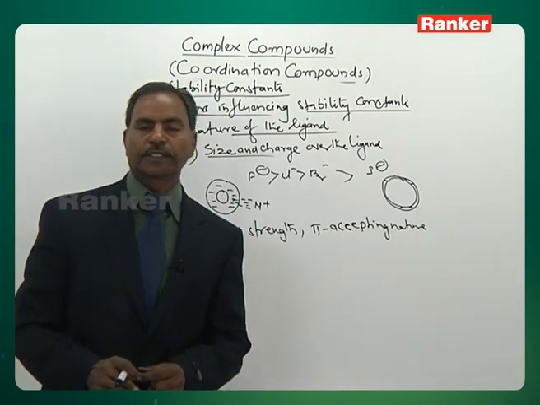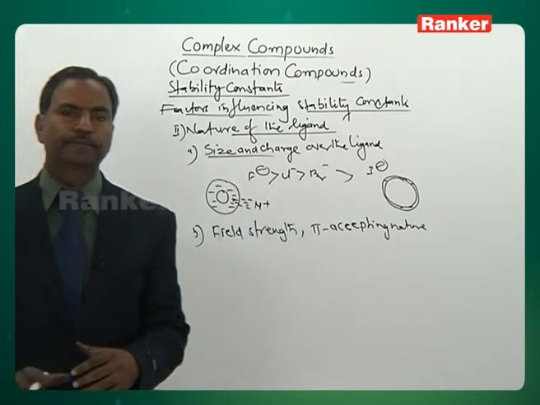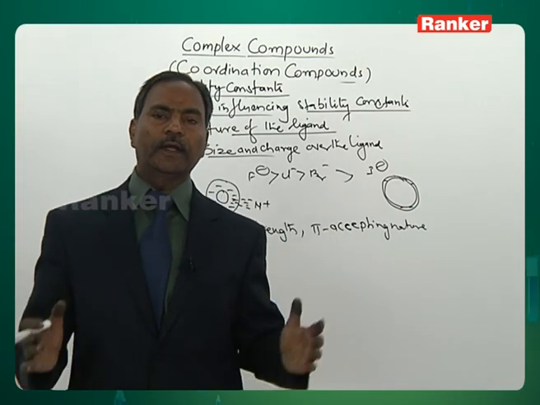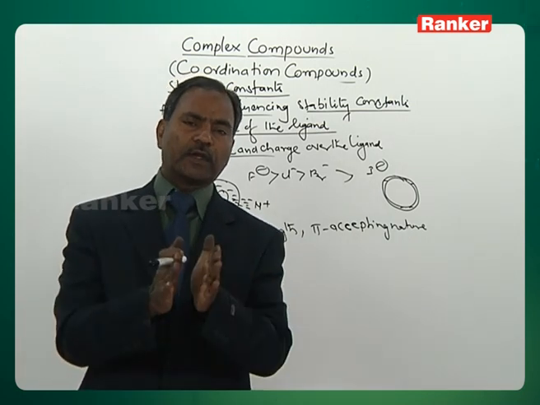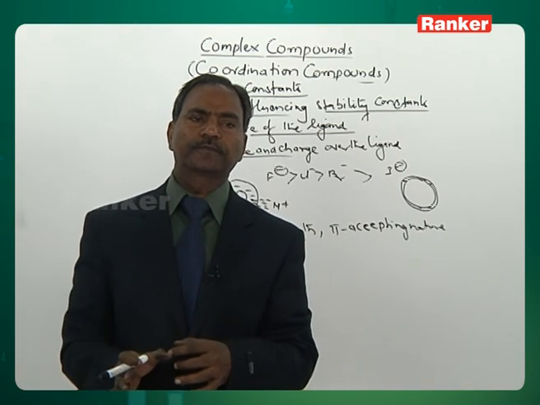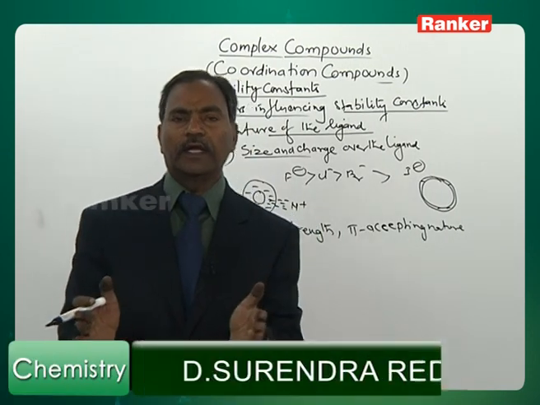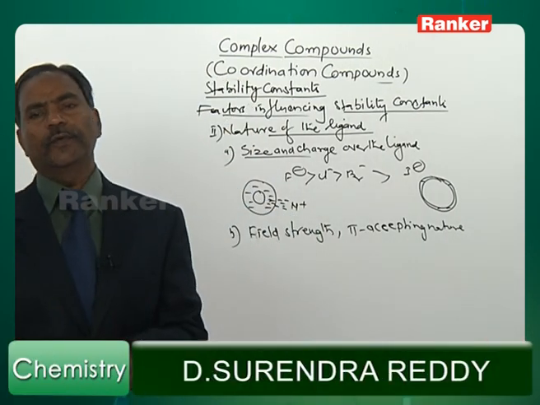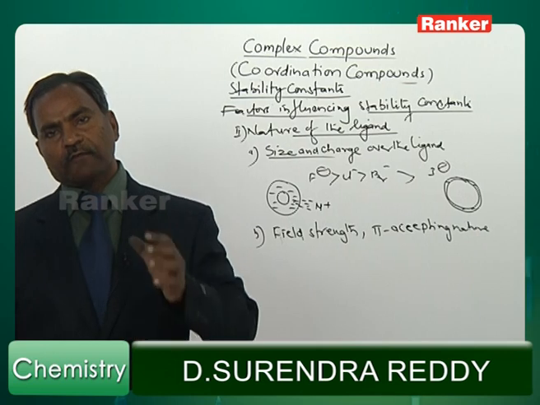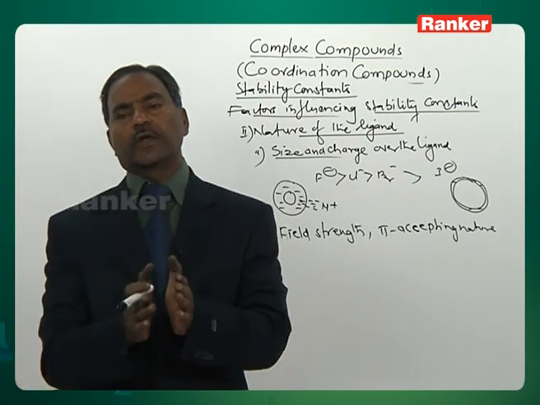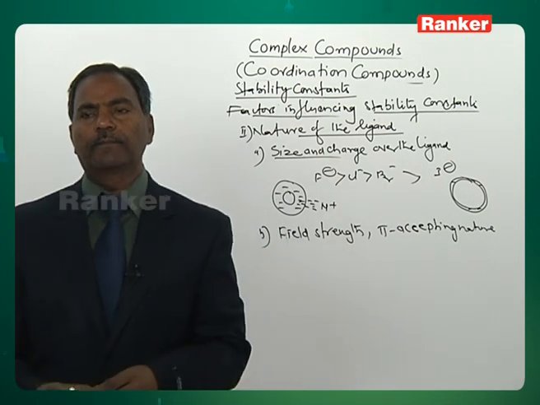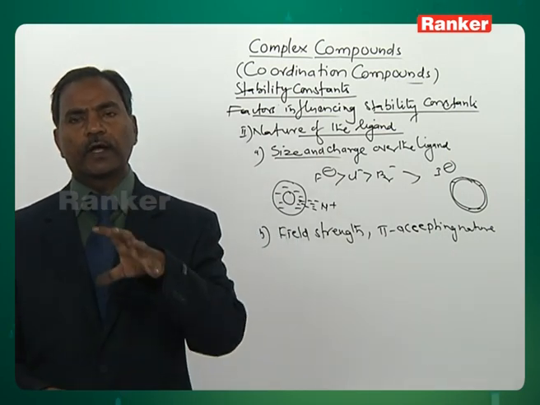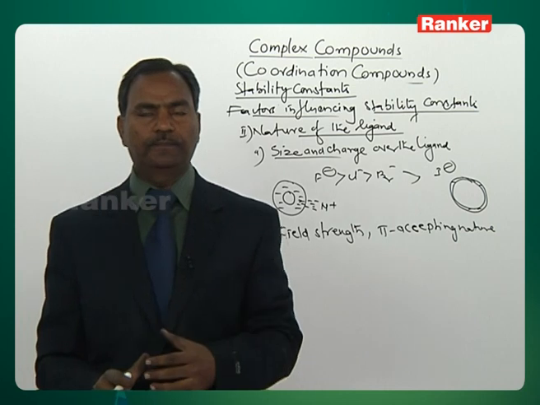Recollect again, we have discussed the spectrochemical series. A strong field ligand and a weak field ligand we have classified. A strong field ligand is causing greater splitting of d orbitals, and a weak field ligand is causing lesser splitting of d orbitals. Whenever a strong field ligand is causing greater splitting, electrons are getting paired in the lower energy level, giving rise to a complex with a greater CFSE value.